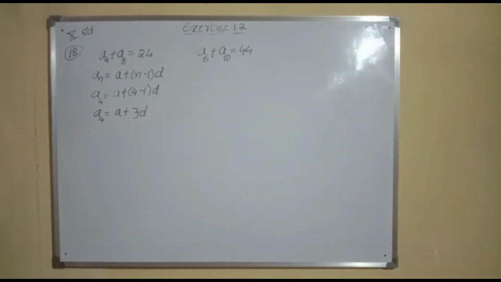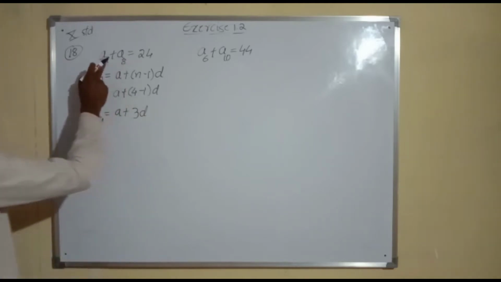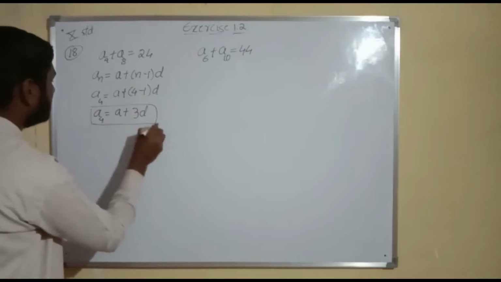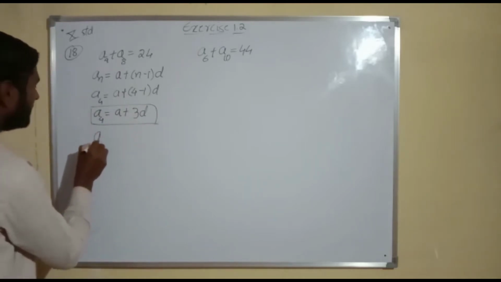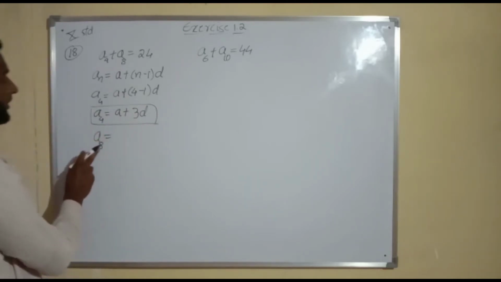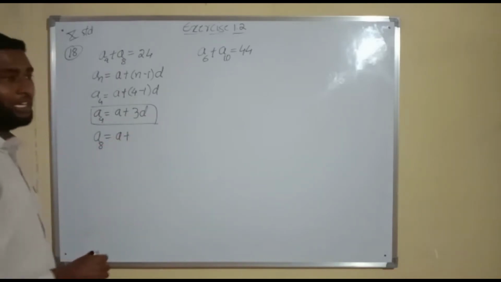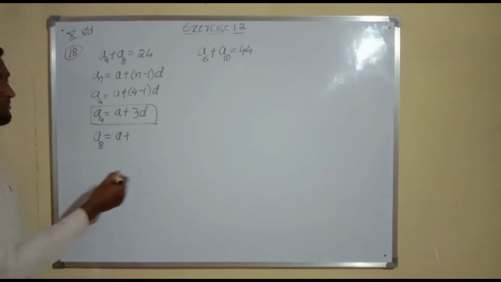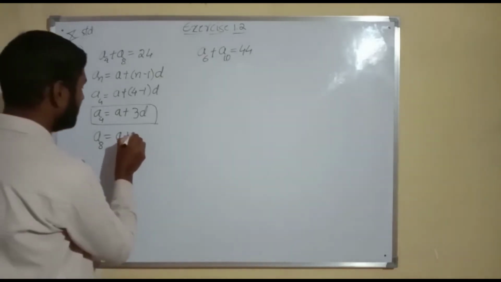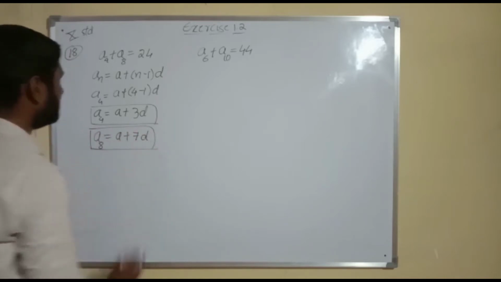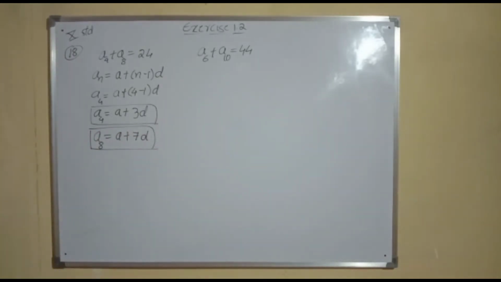Again, the eighth term is a plus (n minus 1) into d, which means 8 minus 1 into d, that is 7d. So I have the eighth term as a plus 7d.